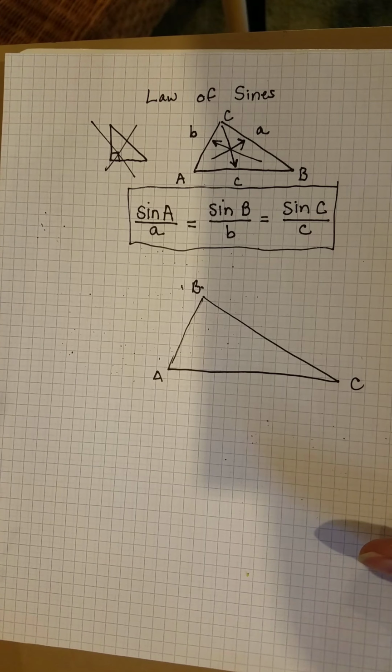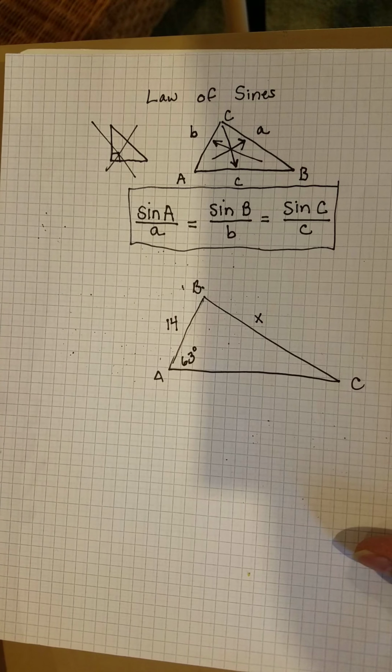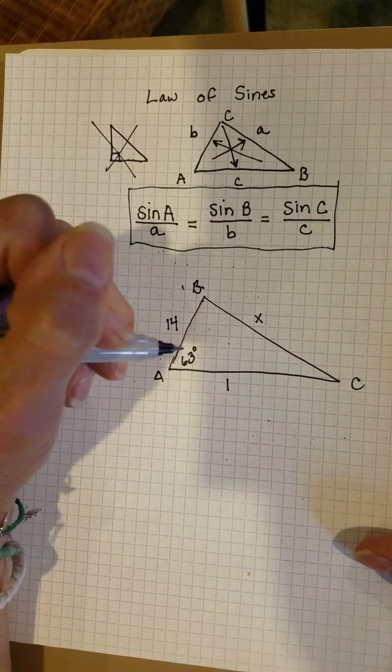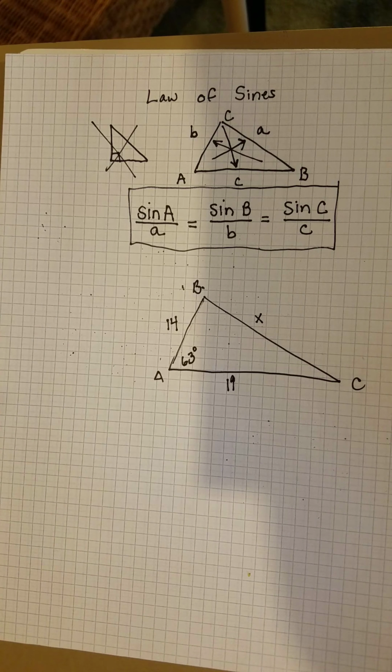And this time, let's say this angle is 63 degrees. We don't know the side length x. Let's give this side 14, and this one 19.